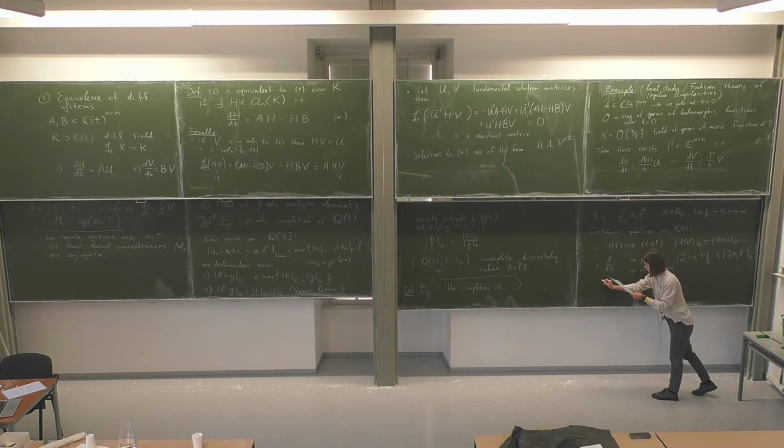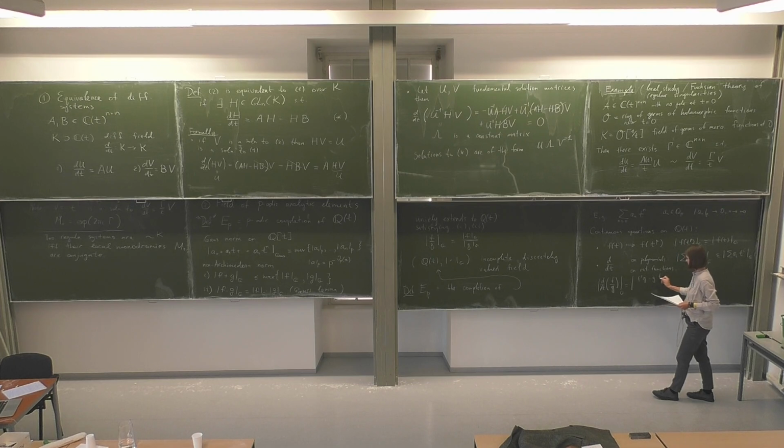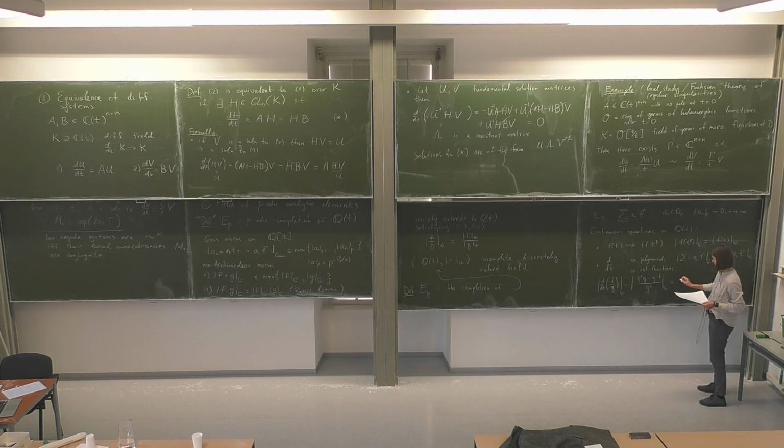And now on rational functions, if f and g are polynomials, then we take the derivative of the ratio. It's f prime g minus g prime f divided by g squared. Now I use multiplicativity of the Gauss norm, so it's the norm of g squared here.